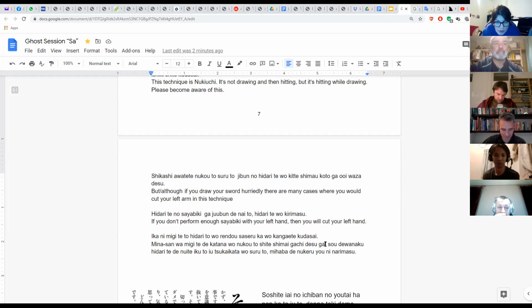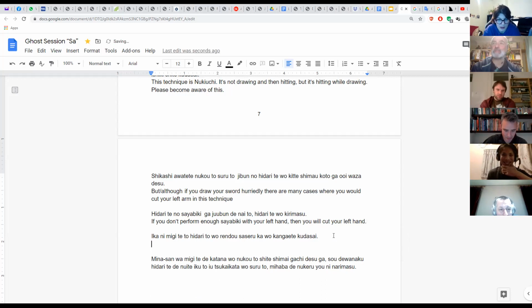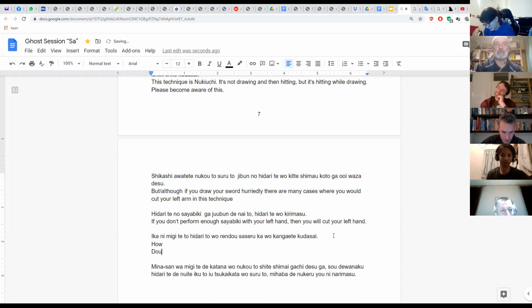Okay, Tom. Ikani migite to hidari te o rendo sasuru ka o kangaete kudasai. I'm going to help you here. Ikani doesn't mean with a squid, by the way. This means how. This is a little bit like saying doyatte, but it's a little bit neater in text than saying doyatte.